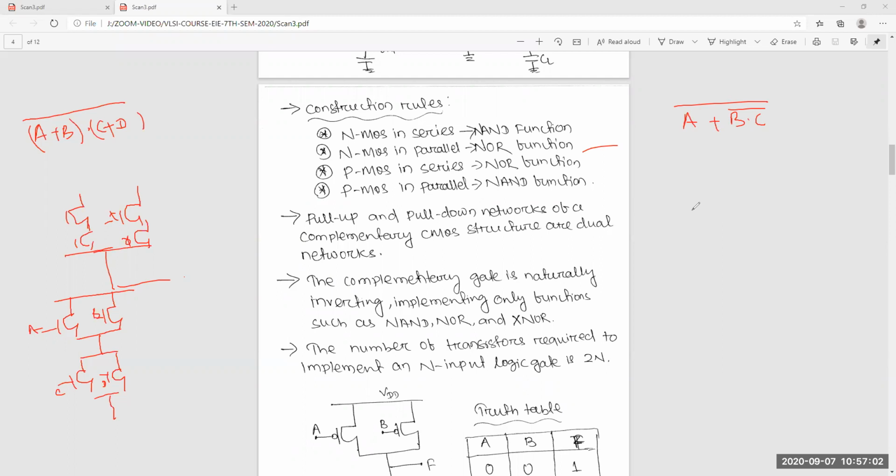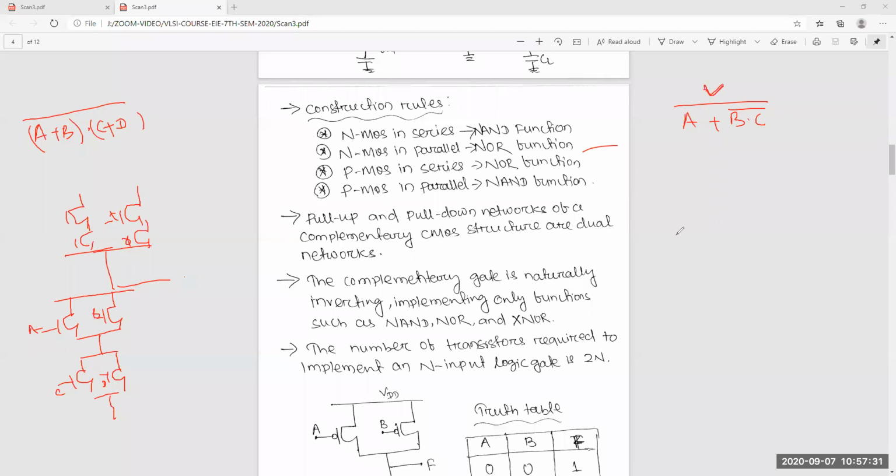That means, do we start building the circuit from A or from B dot C? If we have a large, complex expression, there are no certain rules. You can start from anywhere. Finally, the circuit is one type, whatever you used.